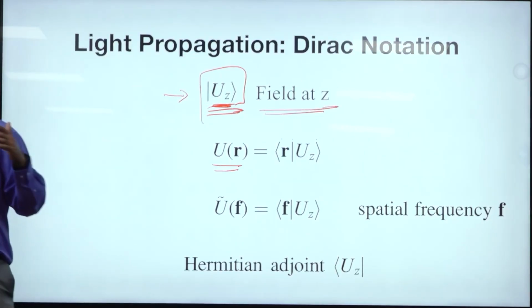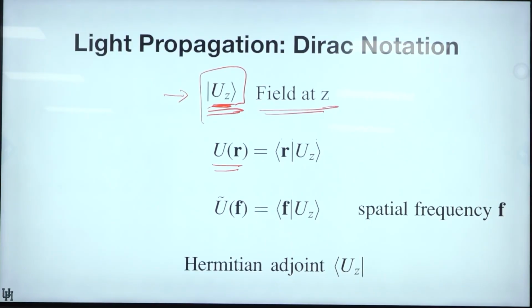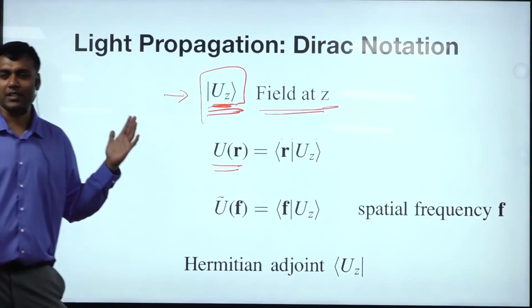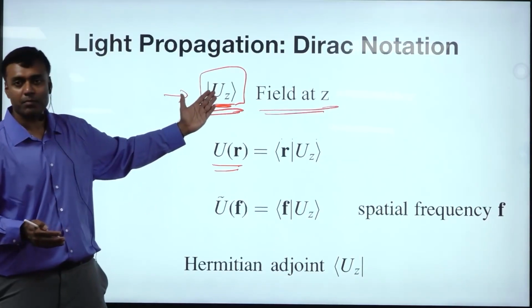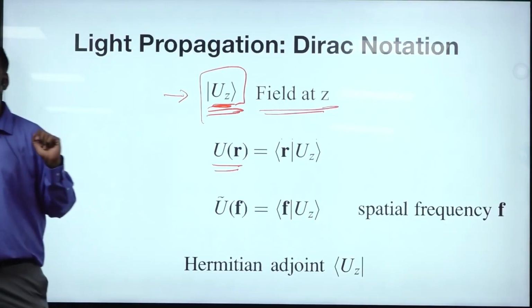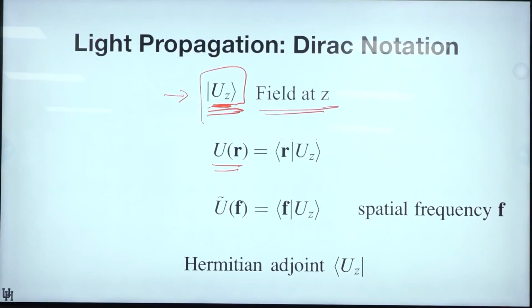That question is a bit open, because this can be a field in any kind of space. If it is an XYZ space, then you project this field onto the XYZ space and you get the field in XYZ coordinates. If you project it onto the Fourier axis, you get fx, fy, fz coordinates.